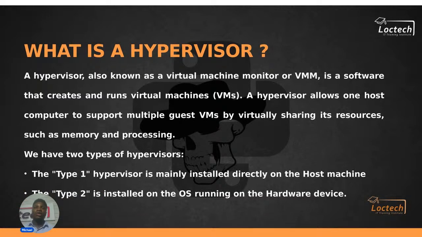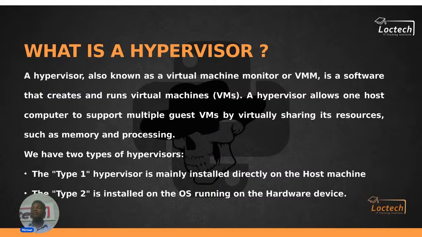A hypervisor is also known as a virtual machine monitor, which is software that creates and runs virtual machines. Virtual machines refer to machines that you cannot physically touch, but they are there in your system. It's like having a virtual computer. So we can run these virtual computers on our systems using a hypervisor.